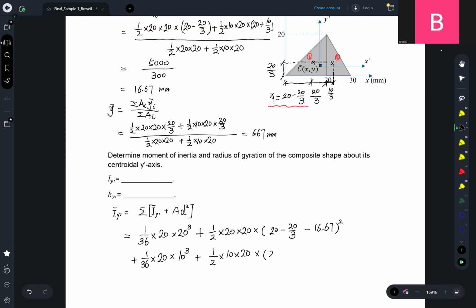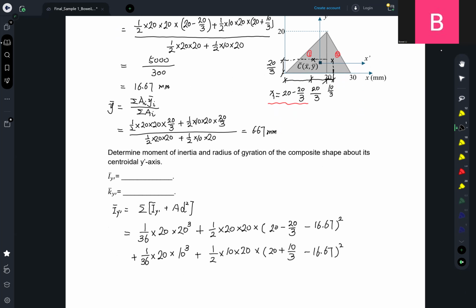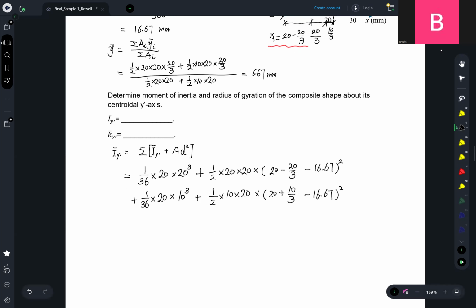So it is 20 plus 10 over 3, minus 16.67, and square that. So the second line here is, sorry, the moment of inertia of the area 2 about the y prime axis. Now you take the summation, you can evaluate that.